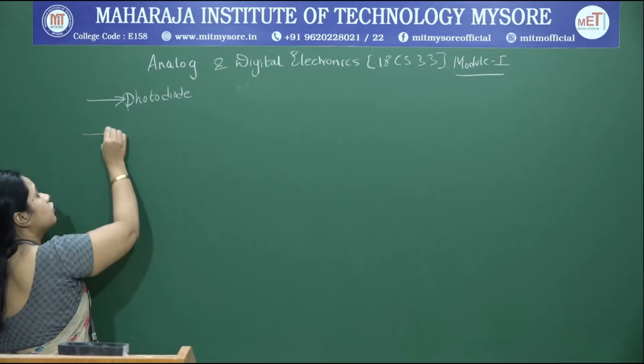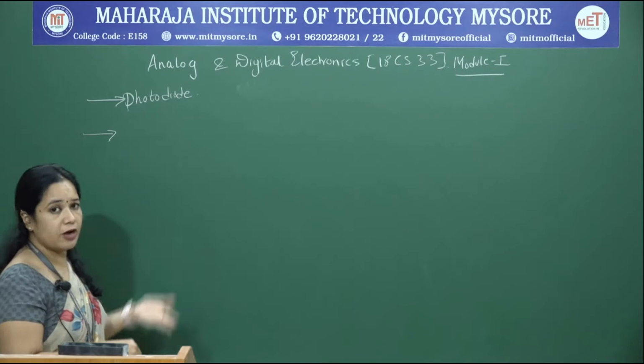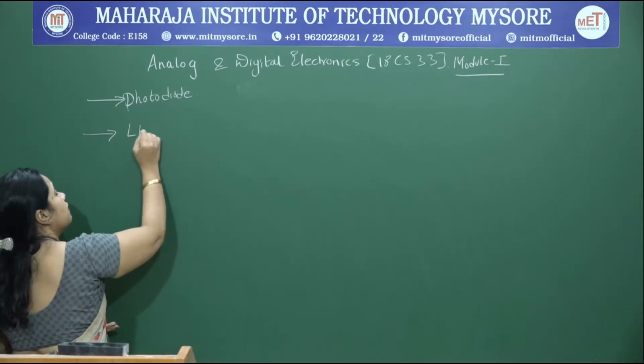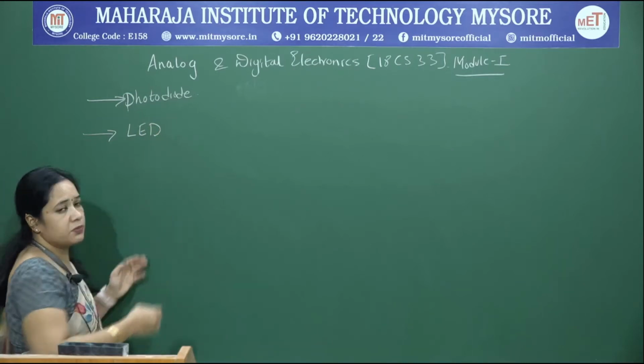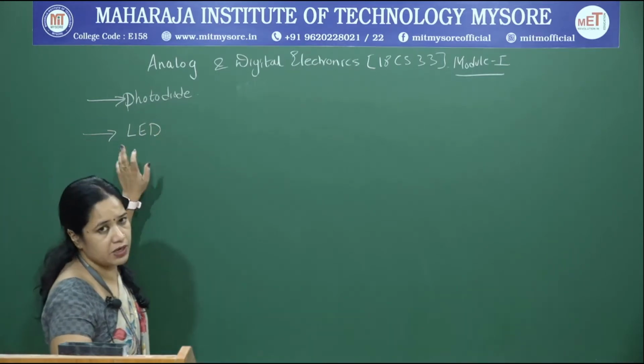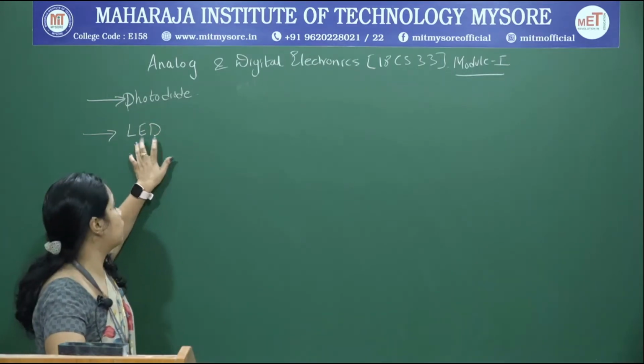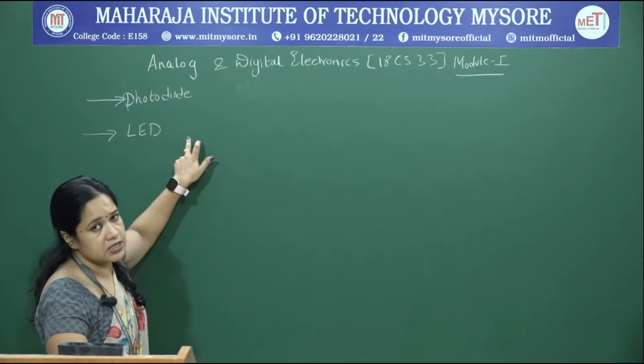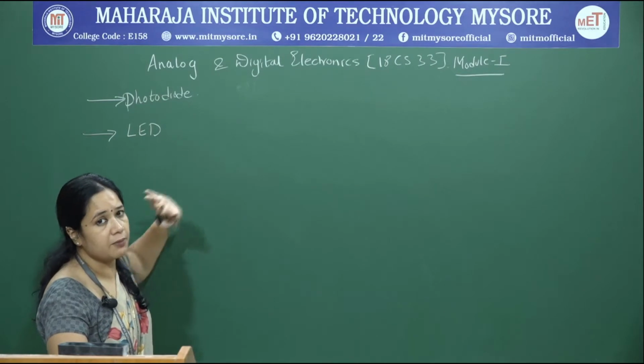Once we are done with the photodiode, we will take up one more optical device. It is a transmitting device. Among the various optical transmitting devices, the LED plays a very important role, and we will see what a light emitting diode is, its constructional details, working principle and applications.